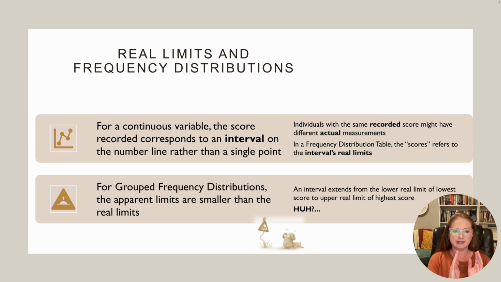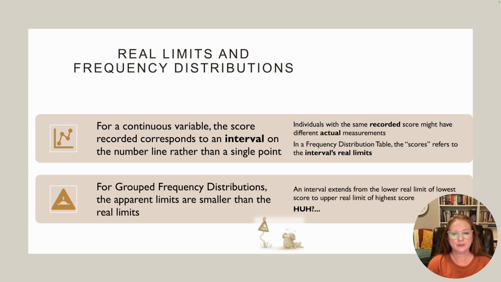Okay, so let's go back to continuous. With a continuous variable, sometimes individuals with the same recorded score might have a different actual measurement. This is hard, but it's usually hard to understand. It's not that the statistician is lying.